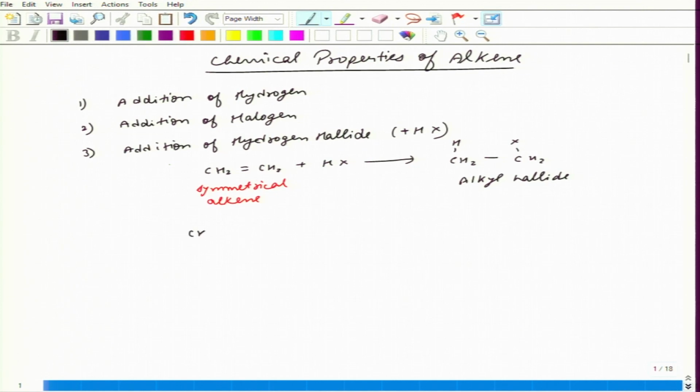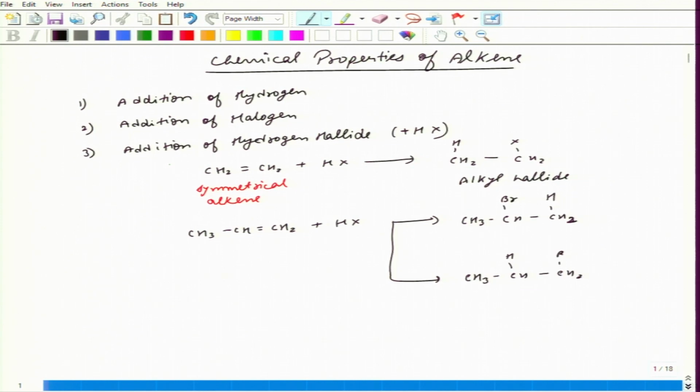But if we take an example of an unsymmetrical alkene, which we have also discussed, two products can be thought of: the bromine attaches on one carbon and hydrogen on the other, and vice versa, and in both cases the products will be different.